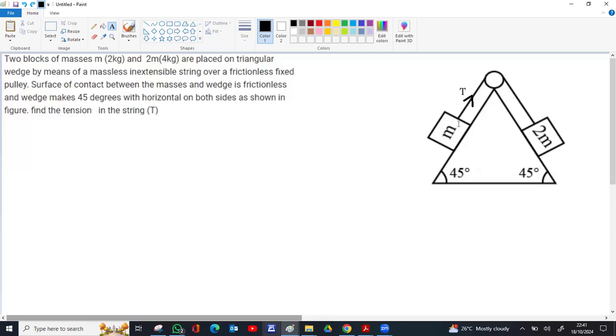If this part is not clear, we'll explain how mg sin theta comes at the end of the question. So the component against tension downward is mg sin theta, here mg sin 45.